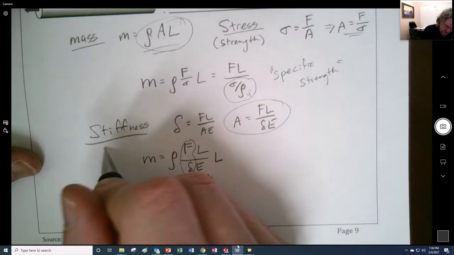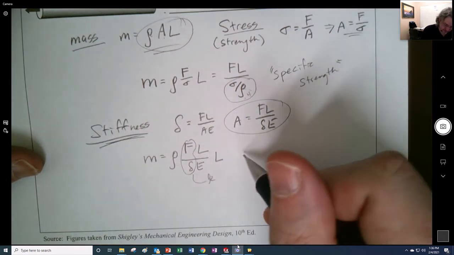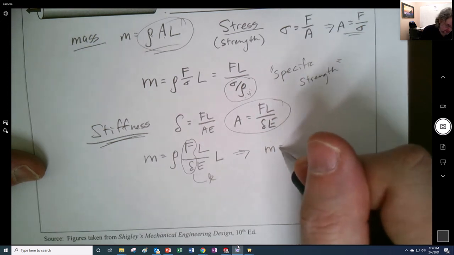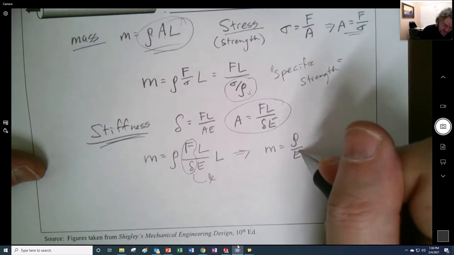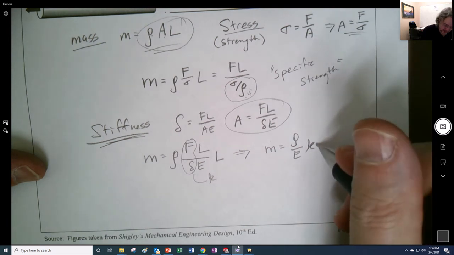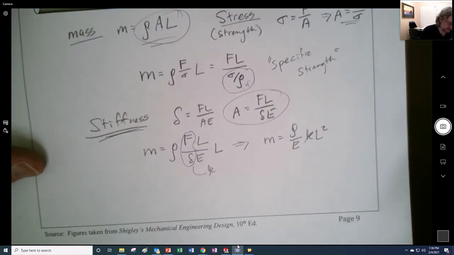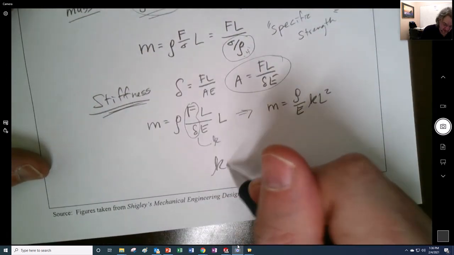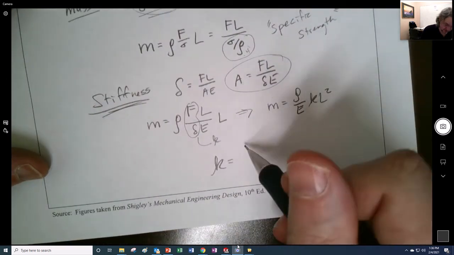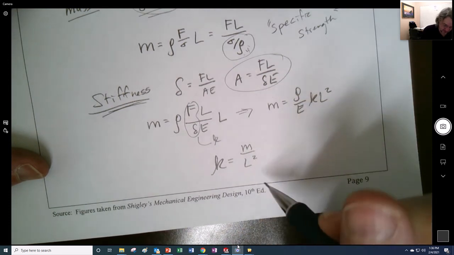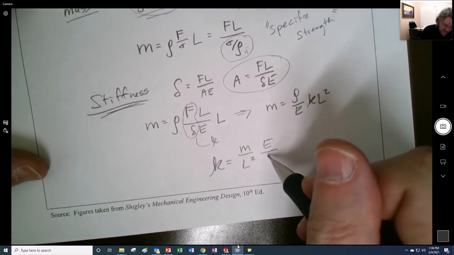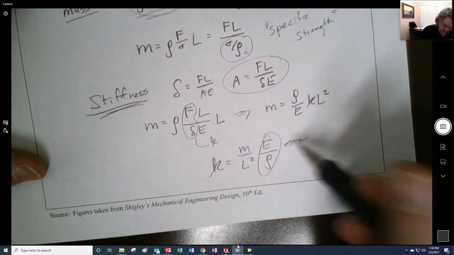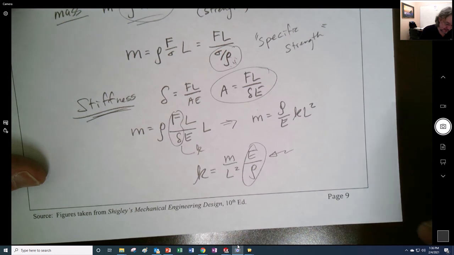So we could say that M is equal to K L squared, or maybe, writing the whole thing out, stiffness is M over L squared, times rho over E. So right there is a performance index.